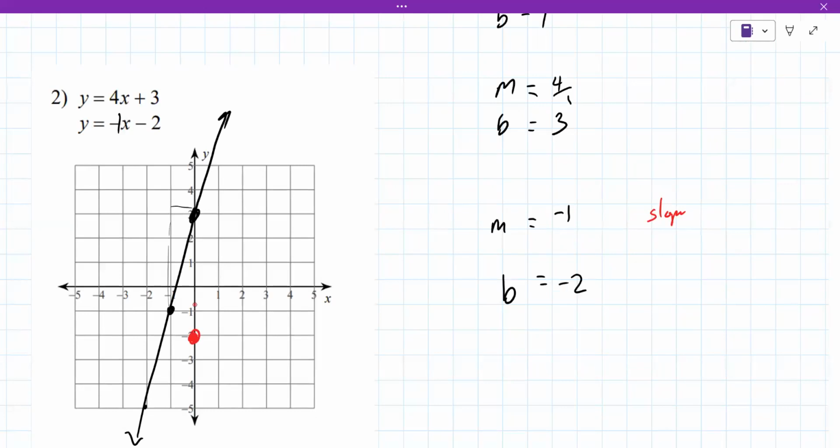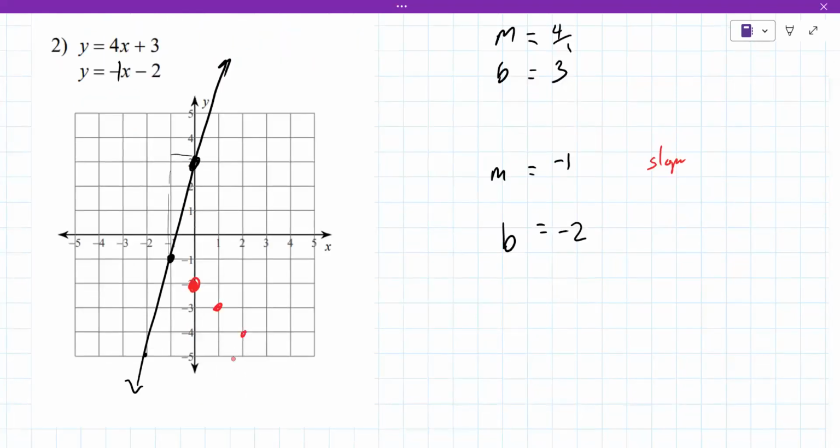The slope is -1, and the negative means down 1 and then right 1. Down 1, right 1. Okay. And then you can see that they intersect. They actually intersect in the same spot as the other one. -1, -1. Yeah.